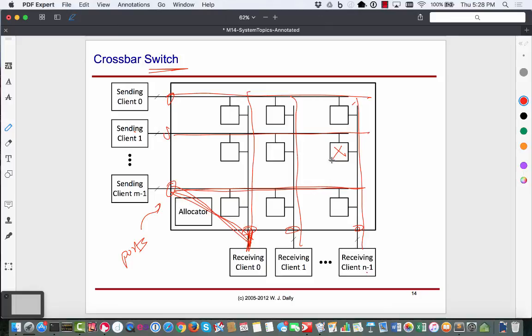So with this, I can potentially have n data exchanges taking place simultaneously. Of course, if two people want to talk to the same person, I'll have a problem. But I can have multiple independent connections going on simultaneously. So this is clearly a performance advancement over the bus, because in a bus we can do one at a time, and now I can potentially do up to n at a time. The equivalent of the arbiter is this allocator.